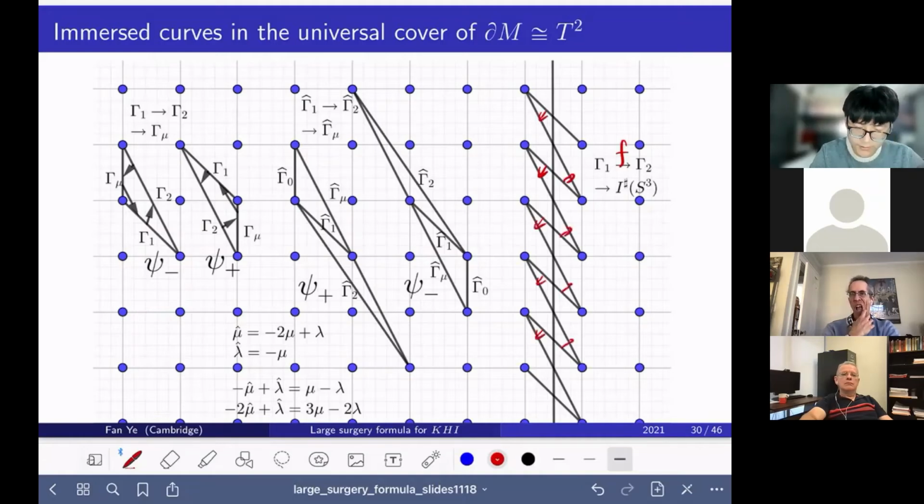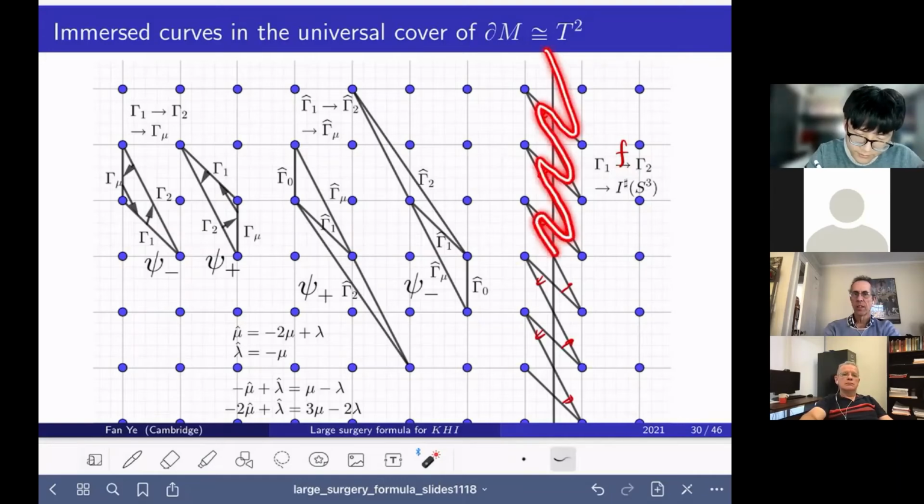And then if we take the mapping cone of this map F, roughly speaking, we will get a curve that is isotopic to this curve. So we smooth all corners to get this curve. And it is obvious that this curve is isotopic to the vertical line.